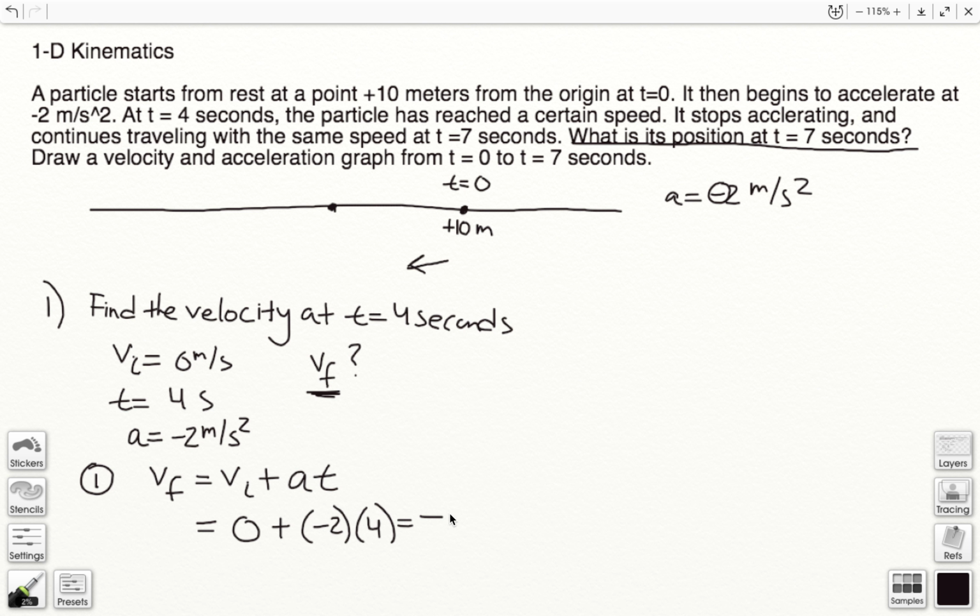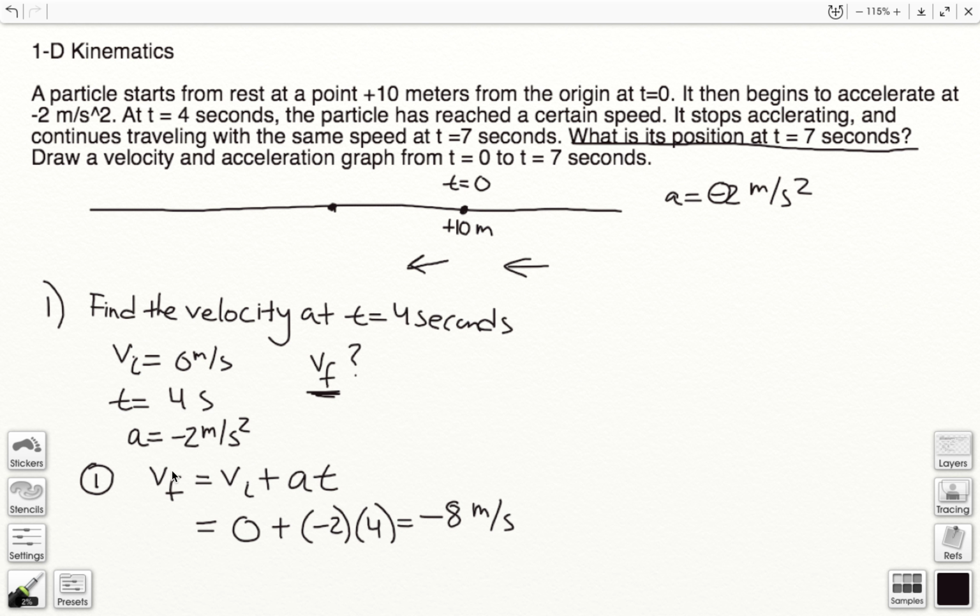So the velocity is -8 meters per second. Now my particle at t equals 4 seconds has a speed of 8 meters per second, and it is in this direction. So we've got this particle, it accelerates and reaches a speed of 8 meters per second.